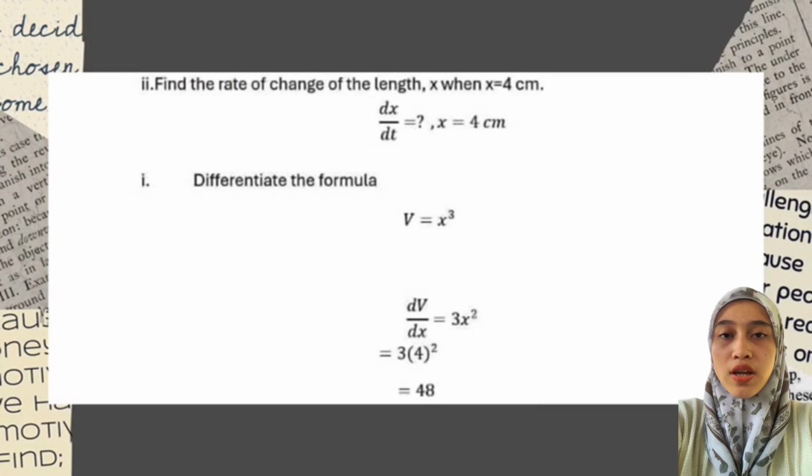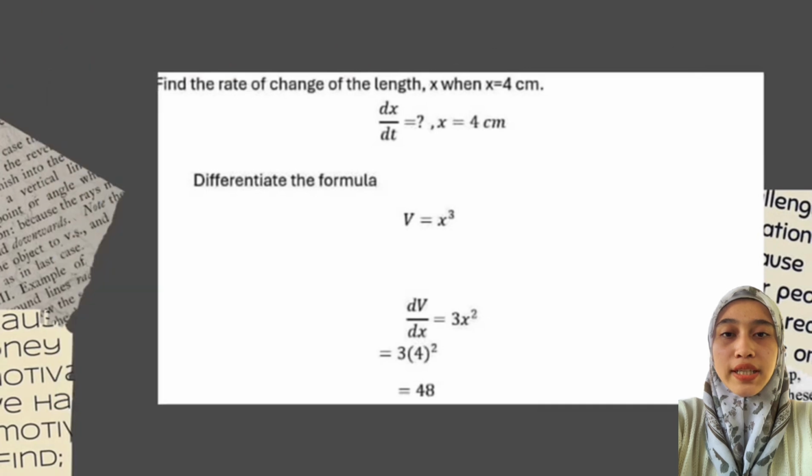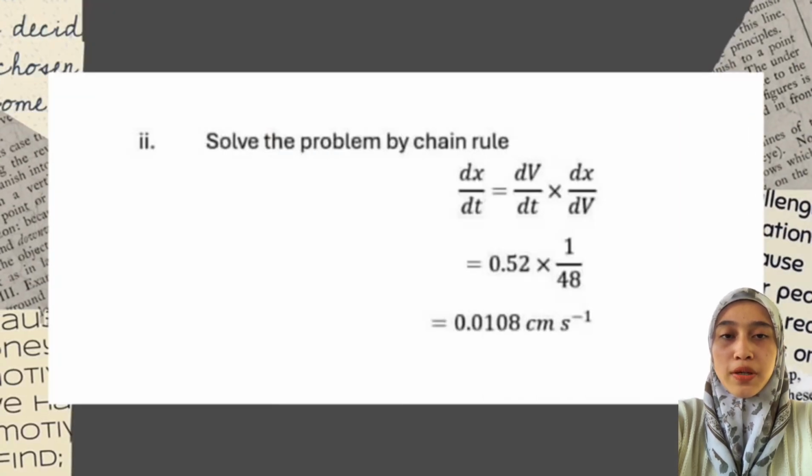After we differentiate the formula, lastly, we can solve the problem by using the chain rule, which is dx over dt equal to dV over dt times dx over dV.